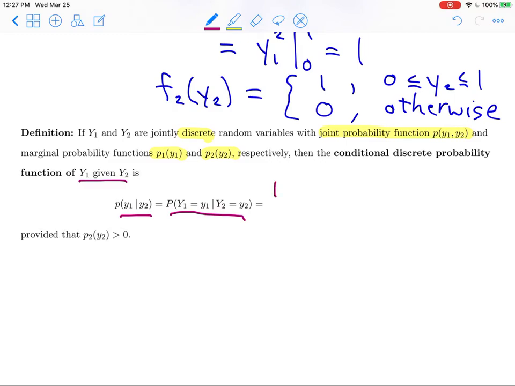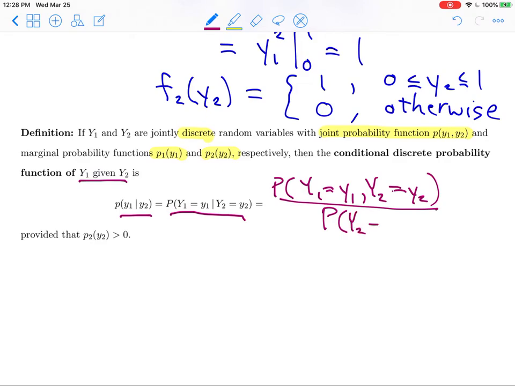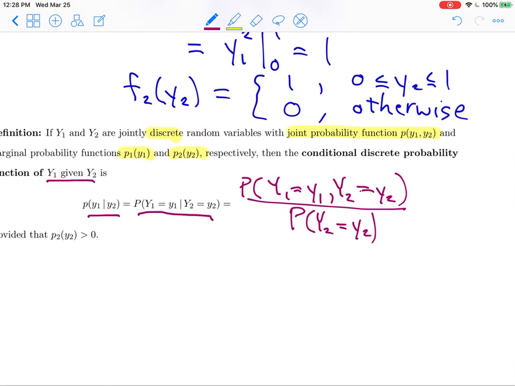And so that would be equal to the probability that y1 equals y1 and y2 equals y2, over the probability y2 equals y2. But what is that?